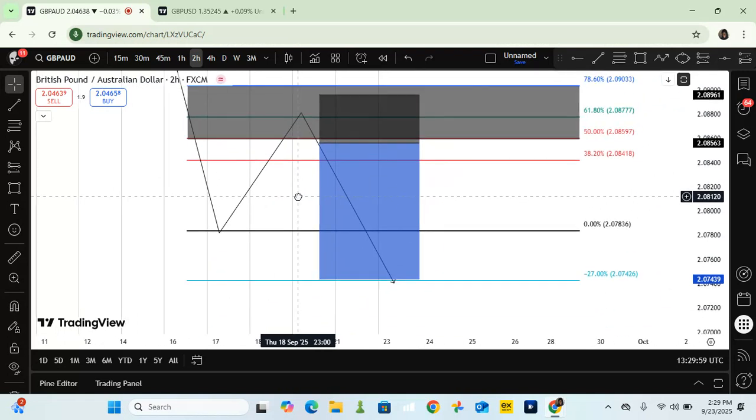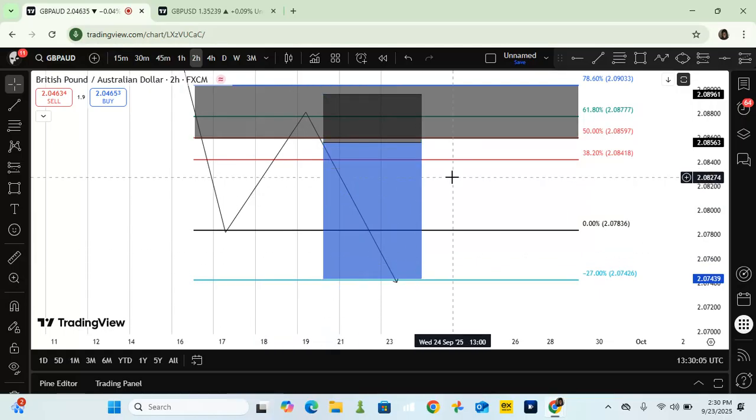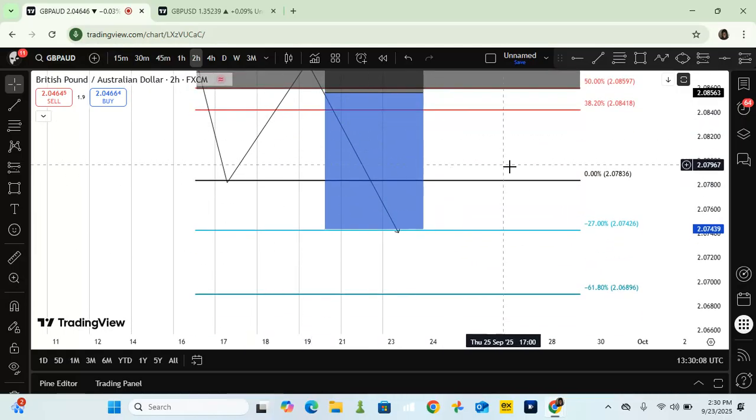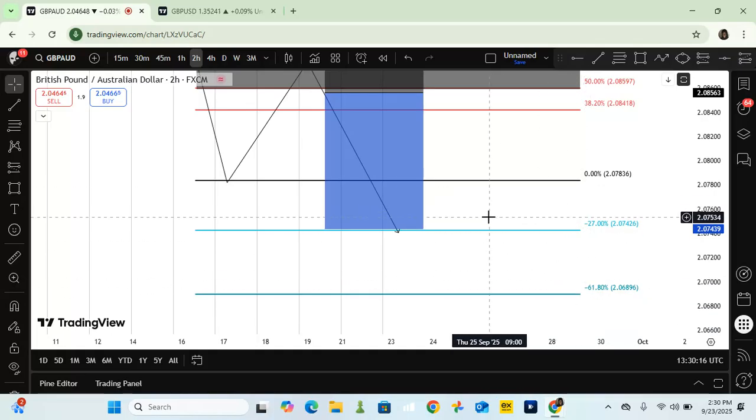Yes. And another thing you need to know before we move ahead is that you can set these three levels as your TP: the 0.00, the 27 extension, and the 61.8 extension. Those are good TP levels. Mostly the market reaches all those levels.